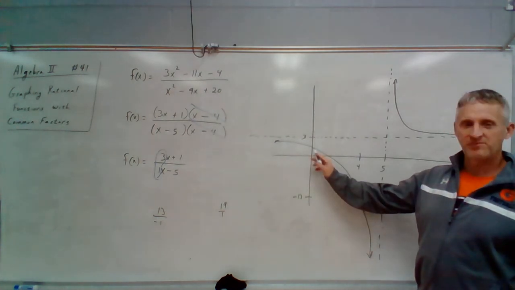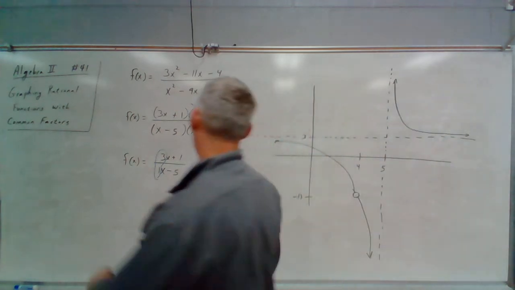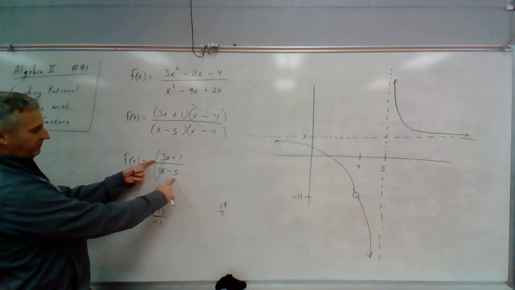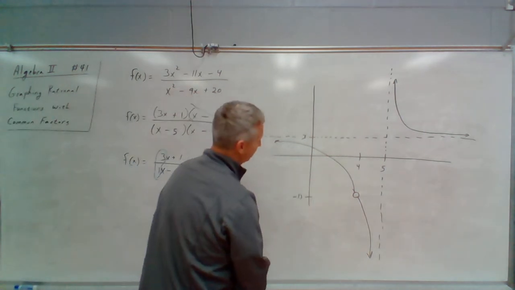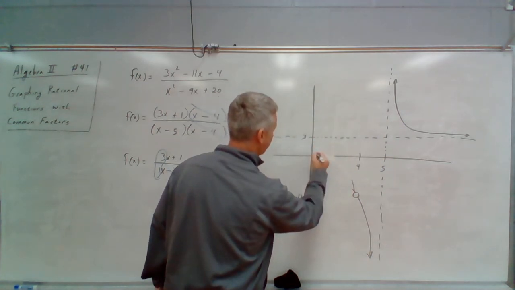Let's make sure right here, if I put a 0 in, let's make sure it's really up there somewhere. So if I put in 0, I get 1 over negative 5, which would be negative 1/5. So I better have moved that down a little bit. Don't want to draw my graph that wrong.